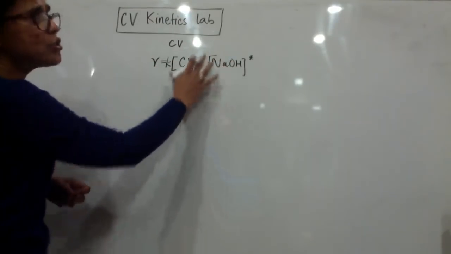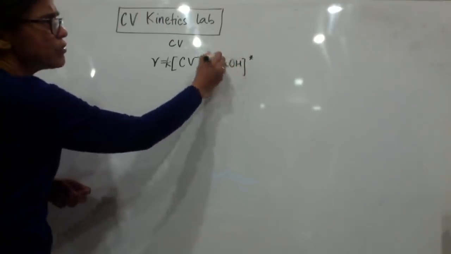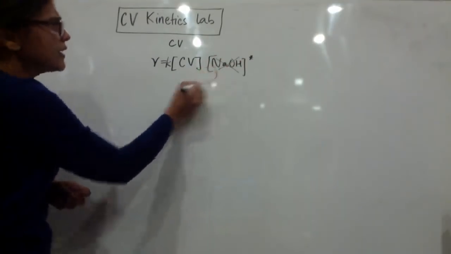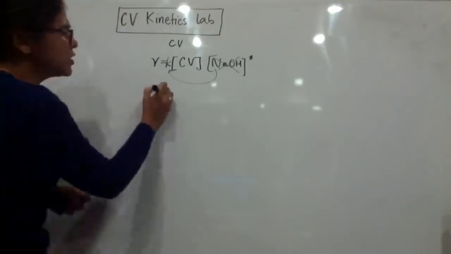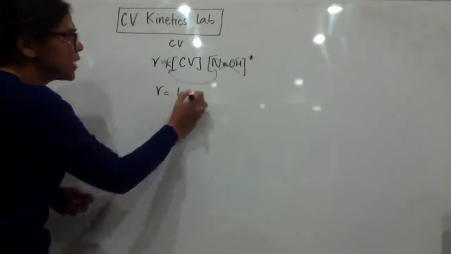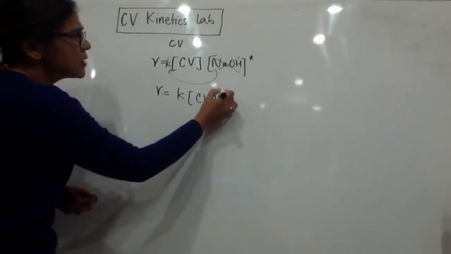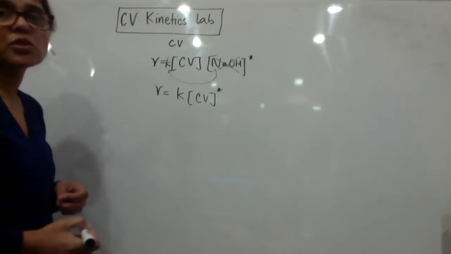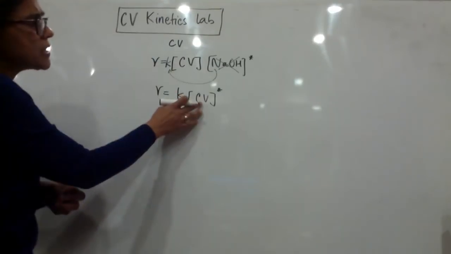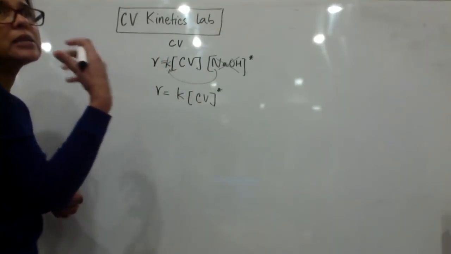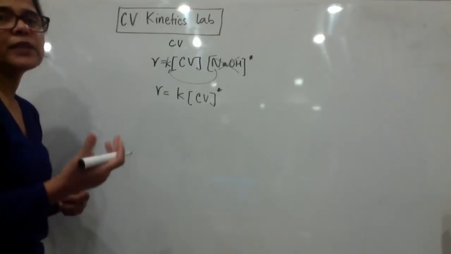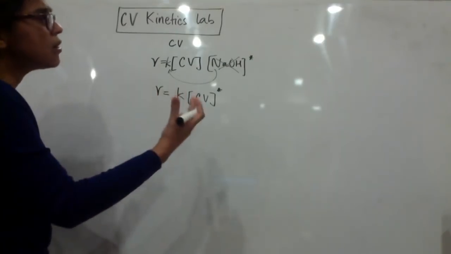Because we take so much larger concentration of NaOH, we assume that this is constant. It kind of becomes part of the constant. So the rate law becomes equal to K times crystal violet, and you sometimes put an asterisk to show it's a pseudo rate law.